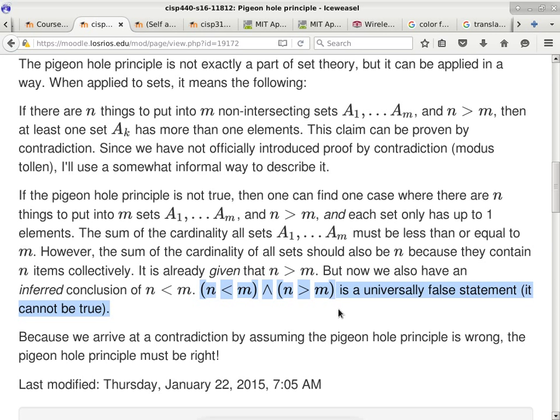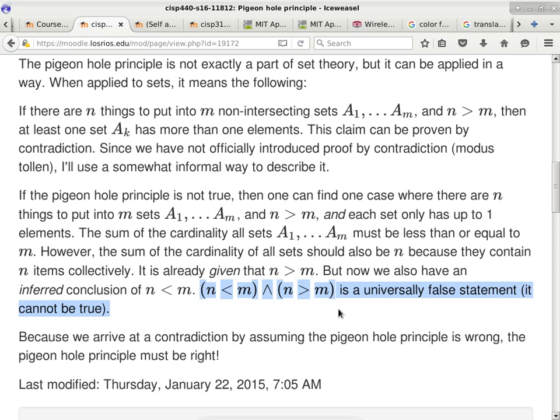With integers, it is not possible to have n less than m and also greater than m at the same time. This is a contradiction because it's a statement that is always false, regardless of the value of n or m. So we'll come back and look at proof by contradiction later in the semester when we talk about proof techniques.